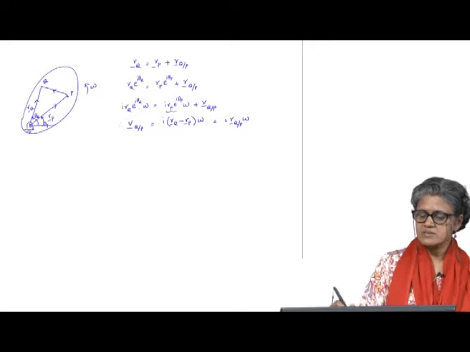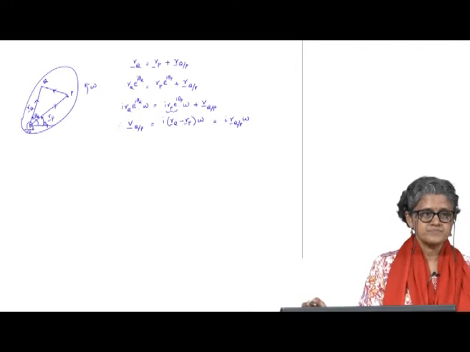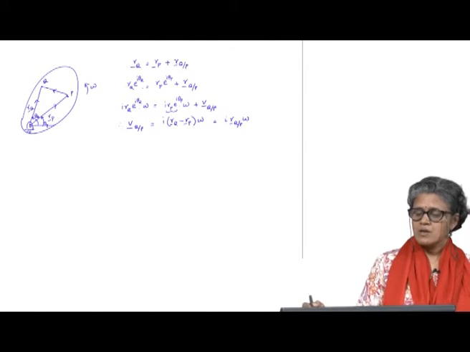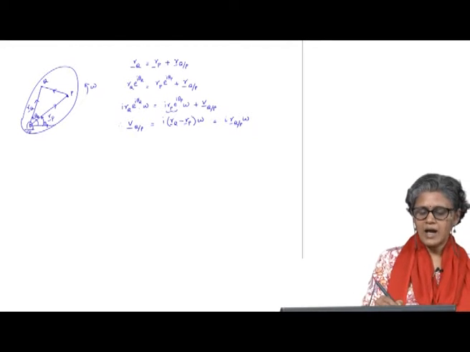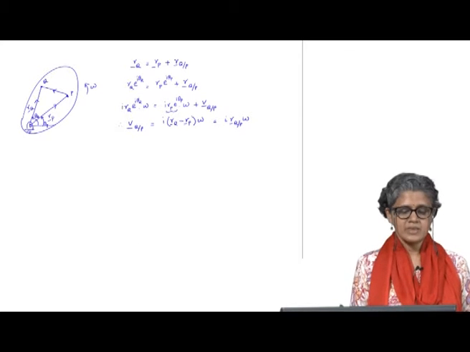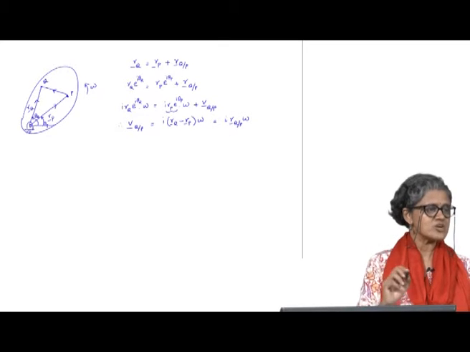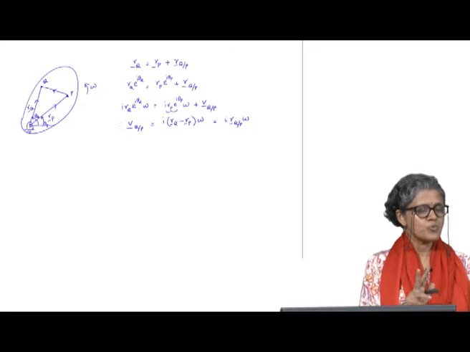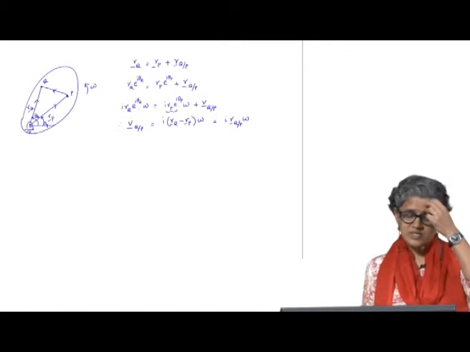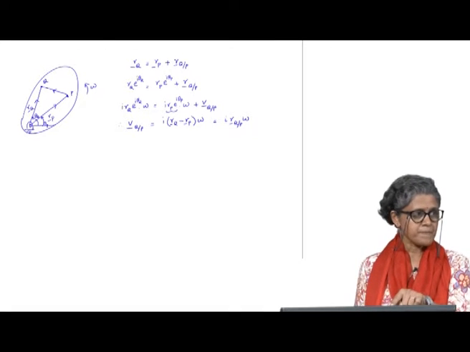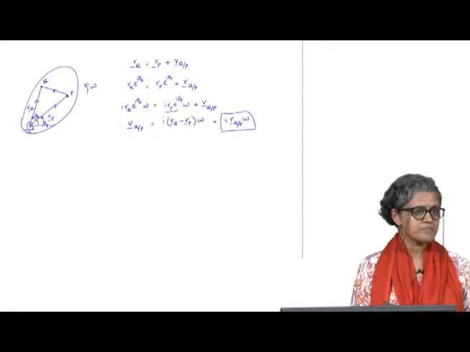So, what this tells me is if the 2 points are on the same rigid body, then the relative velocity, which some books call the velocity difference, or the velocity of Q relative to P, is given by this.